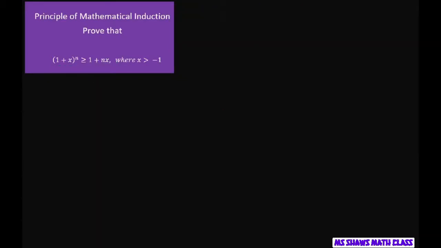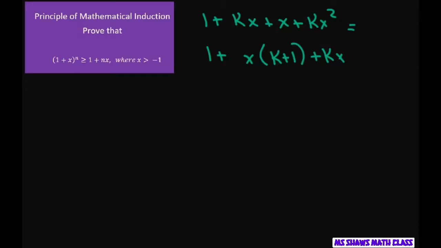Now I can rewrite that as 1 plus, and factor out the x, (k + 1)x, plus kx squared. Now this is going to be greater than or equal to 1 + (k+1)x, which is what we wanted to prove.